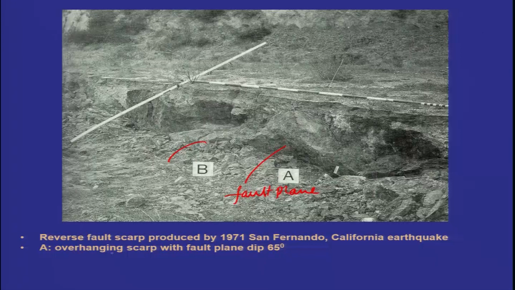So A, what you see is the overhanging scarp with the fault plane of almost 65 degrees. Now this is what has been shown, the fault plane, the fault scarp, and then B is your collapsed material.